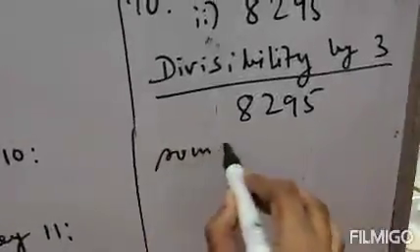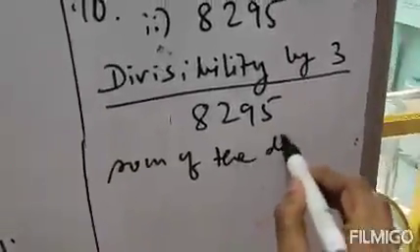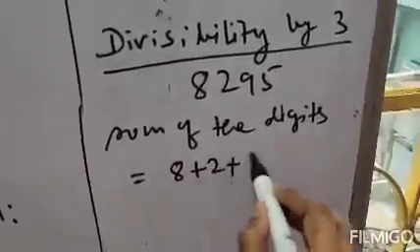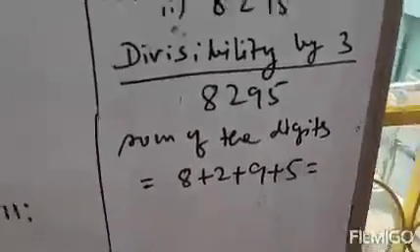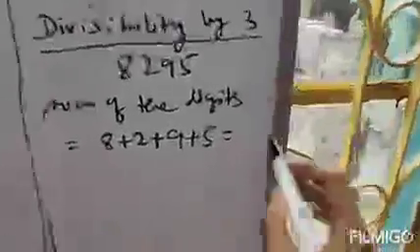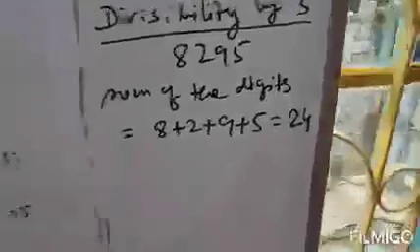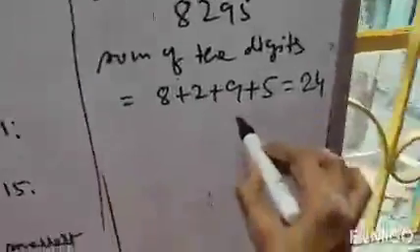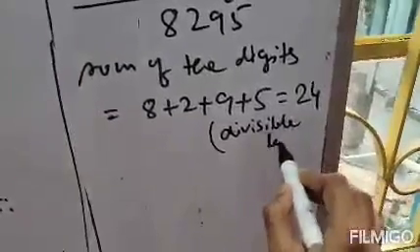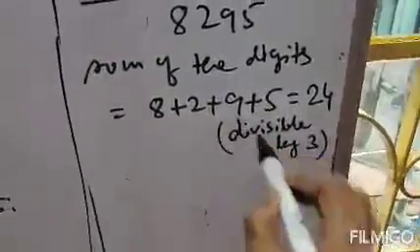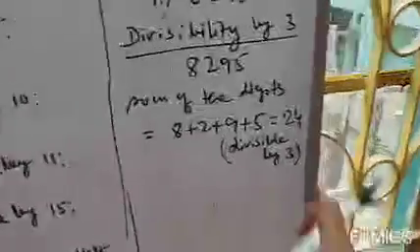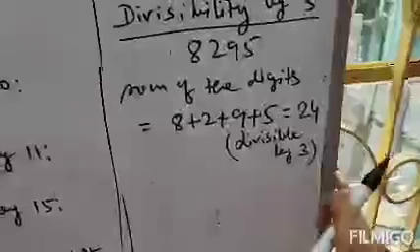So write sum of the digits: 8 plus 2 plus 9 plus 5. 8 and 2 are 10, 10 and 9 are 19, 19 and 5 are 24. So 24 is divisible by 3. Just write in bracket after 24, divisible by 3.